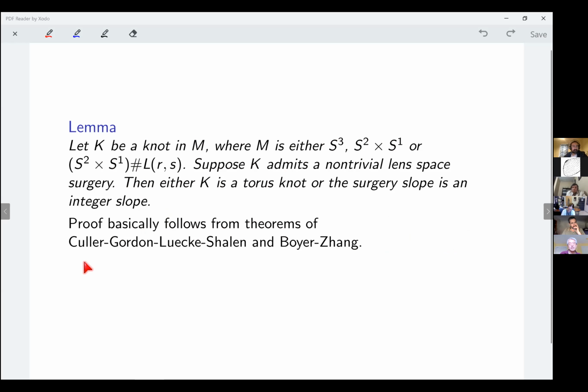For S^3, that follows from the cyclic surgery theorem of Culler, Gordon, Luecke, and Shalen, and for those other manifolds, that follows from the theorem of Boyer and Zhang. They prove a version of this cyclic surgery theorem for reducible manifolds. So not just those manifolds, all the reducible manifolds. Okay, so that's the starting point.